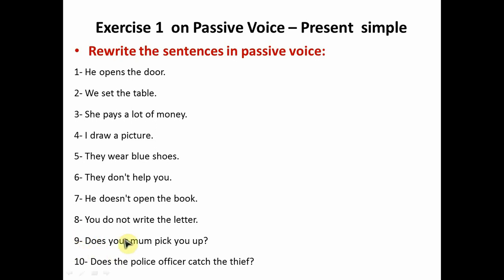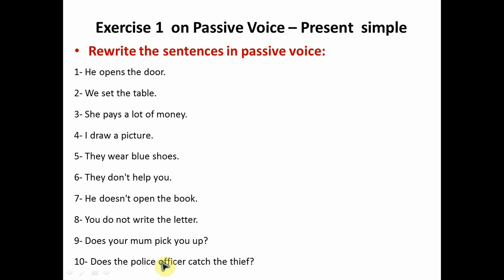Number 9. Does your mom pick you up? Here we have a question. How can I make a question in passive voice? Let's guess. Excellent. By starting with verb to be.